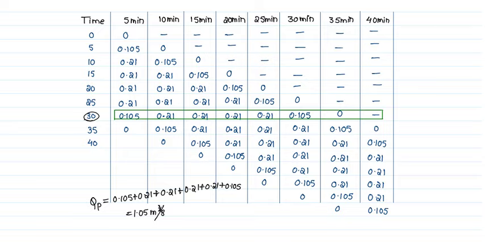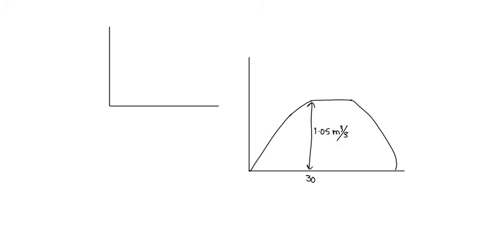So drawing it in a hyetograph form, the peak value will be 1.05 meter cube per second, that is at 30 minutes, and which is constant for the next two values, that is from 35 until 40 it is constant, starting from 0.